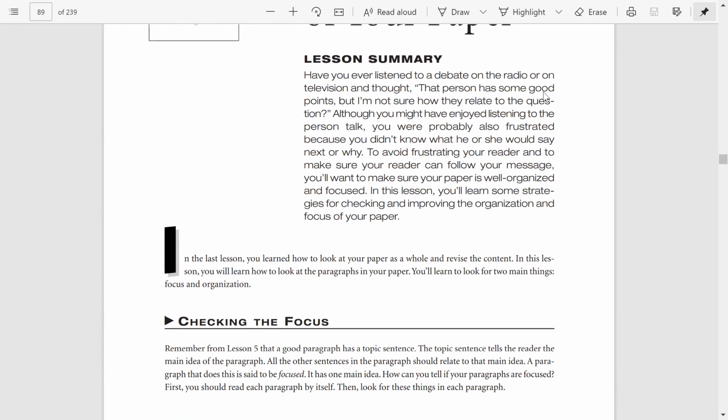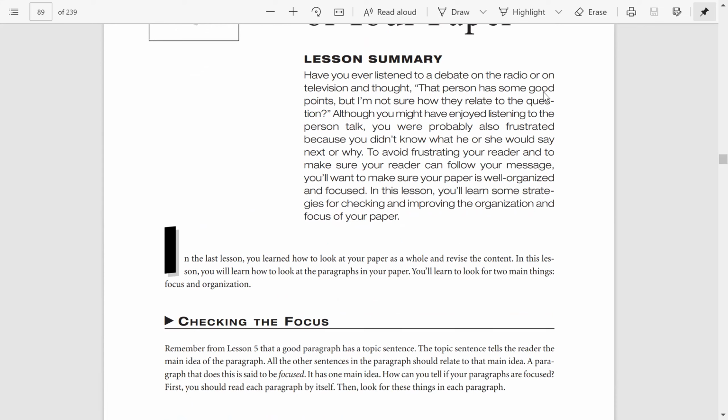Checking the focus. Of course, in order to check the focus in a paragraph or in a paper, first of all you will have to look at a topic sentence, whether a topic sentence is there in the paragraph or not. This topic sentence tells the reader the main idea of the paragraph.